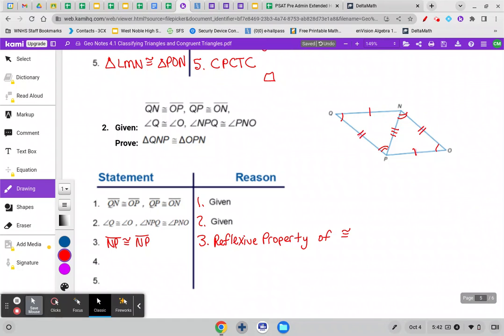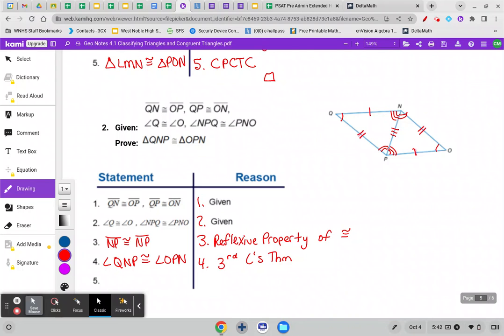The reflexive property, especially. And then once again, we already have two sets of angles congruent. So we can go ahead and state the third angle congruent by the third angles theorem. So I'm going to say that angle QNP is congruent to angle OPN.